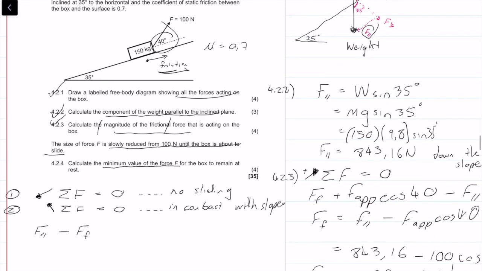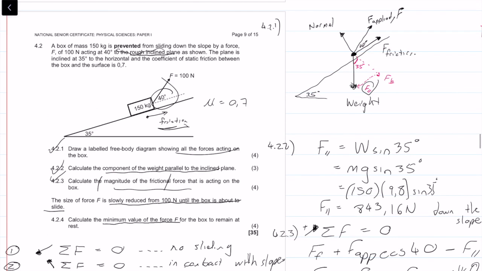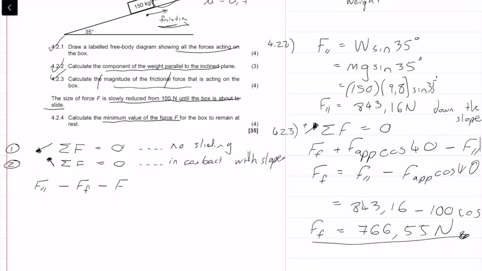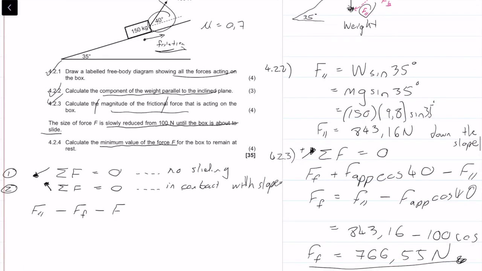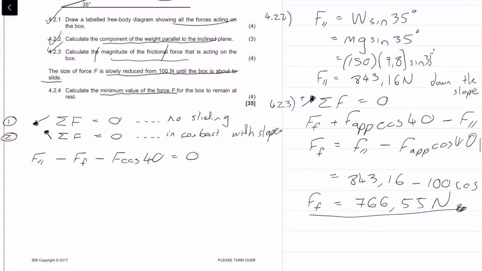Force friction, minus the applied force's component, that component right there. So minus F, which is the applied force, and we know this angle is 40, so F cos 40 is equal to 0. Okay, and that we can say is going to be equation 2.